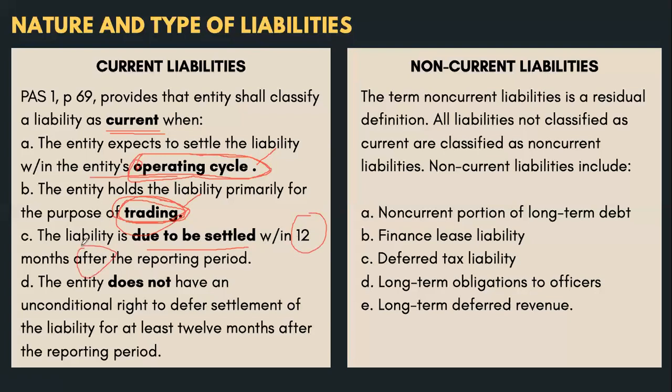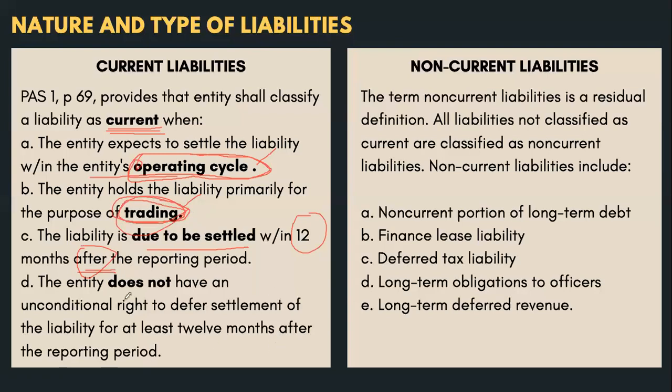So if it will be paid next year, for example, the reporting date is December 31, 2020, and the liability will be paid on June 30, 2021, although it goes beyond the reporting period, it is to be settled within 12 months after the reporting period, so still the liability is current. Okay, again, due to be settled within 12 months after the reporting period. If it is paid within 12 months after the reporting period, the liability is a current liability.